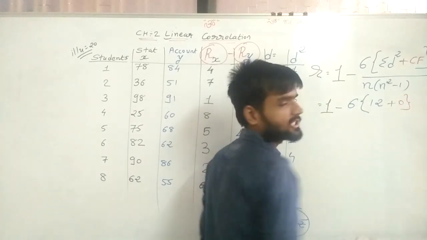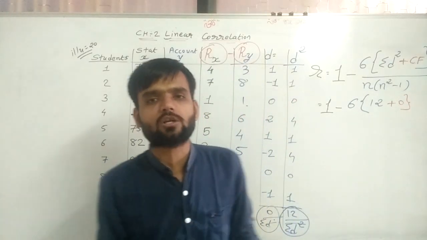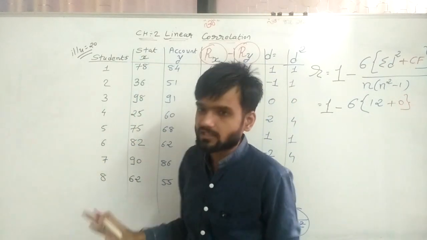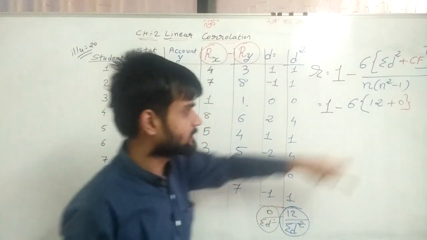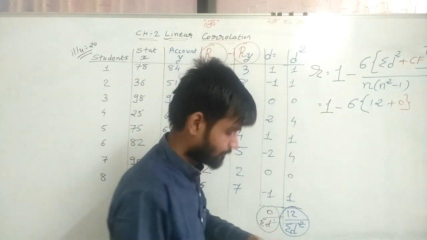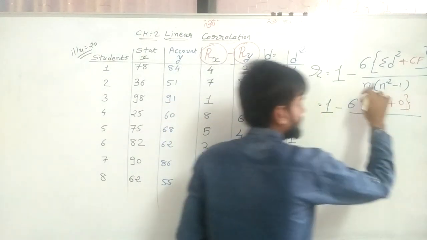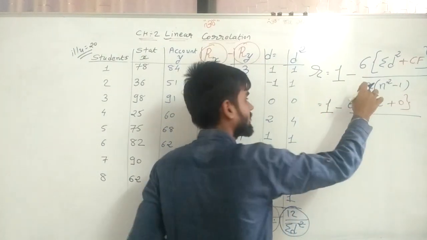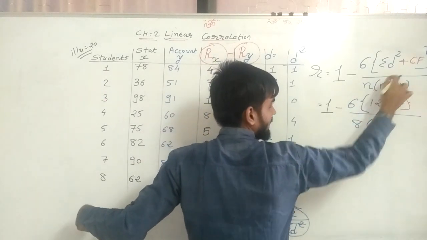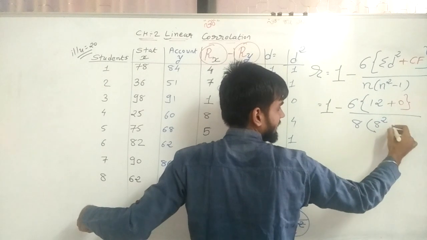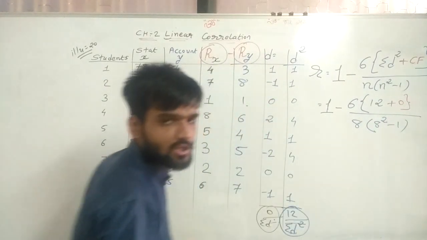Here CF is 0 because repetition of marks is not there. In a particular subject, no two or more students get the same marks. That's why CF is 0. Divide by n square minus 1. Here n is the number of students, 8, so 8 square minus 1.